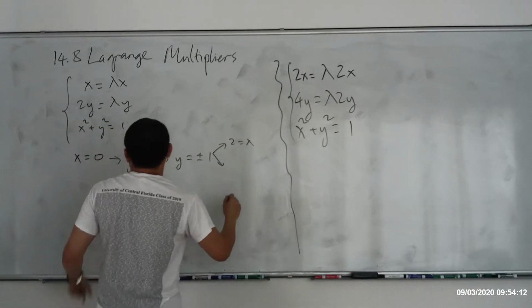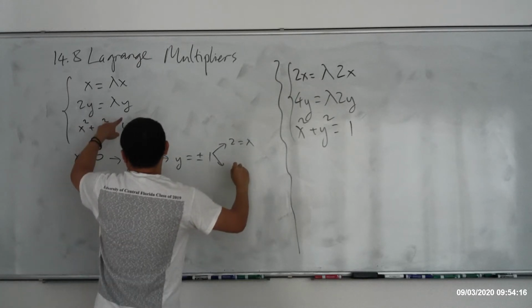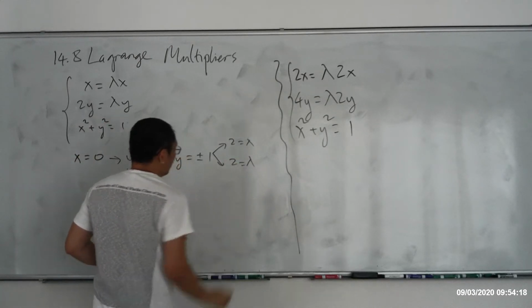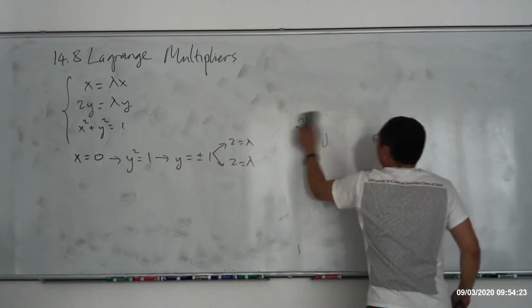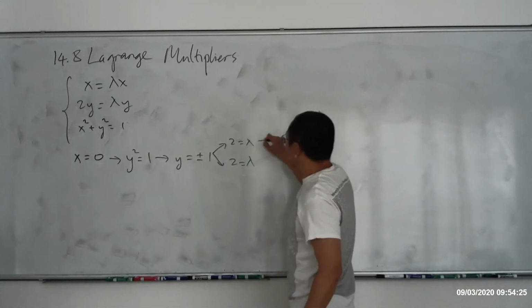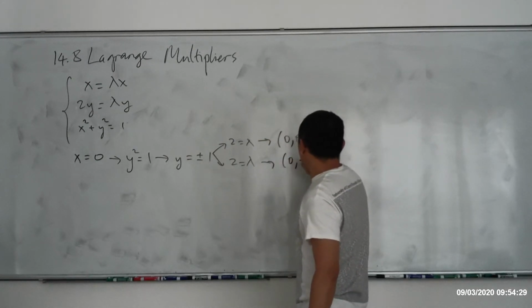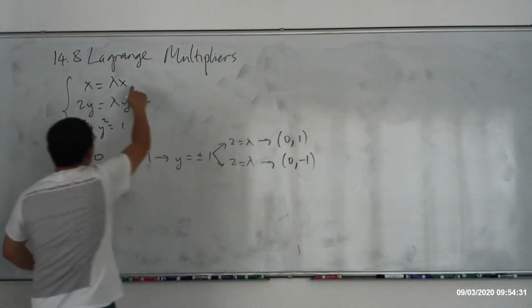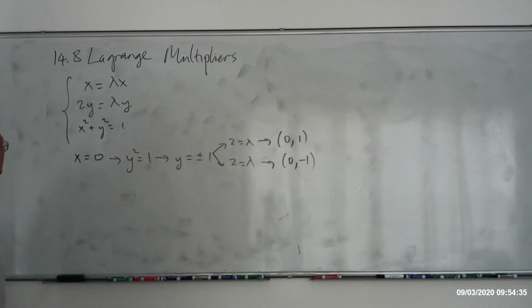And y equal to -1, then -1 right here, so 2 equal to lambda. So we still have 2 solutions, and they worked. The points are 0, 1 and 0, -1. Check it out. x is 0, y is 1, and lambda is 2. Works for all the equations.